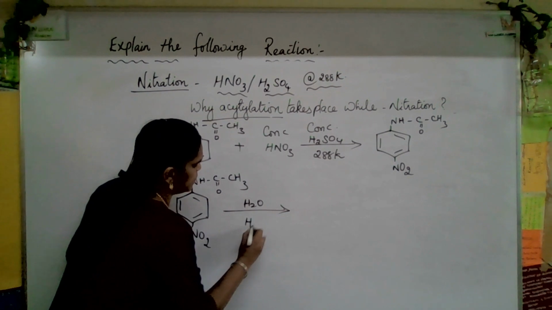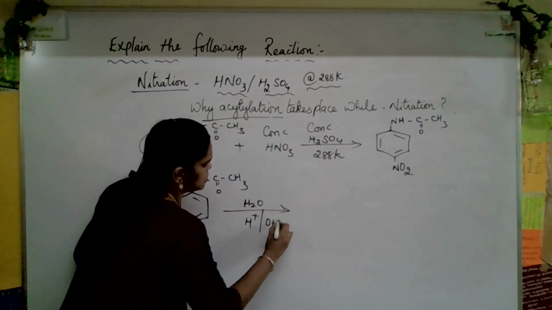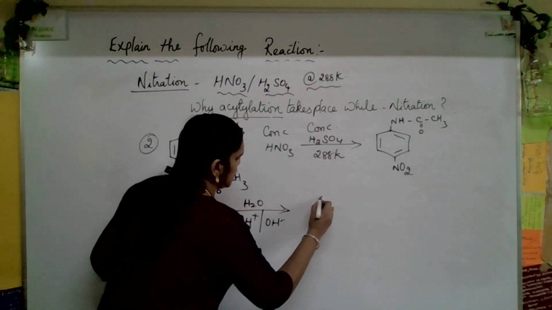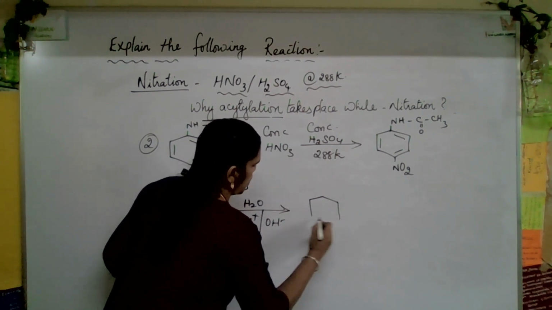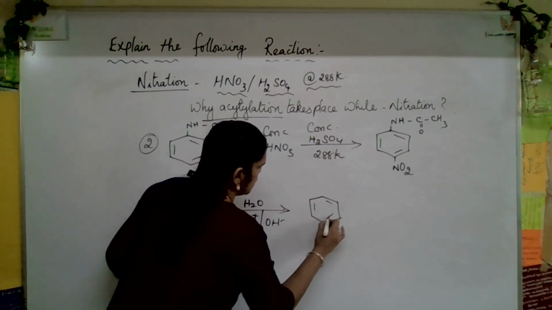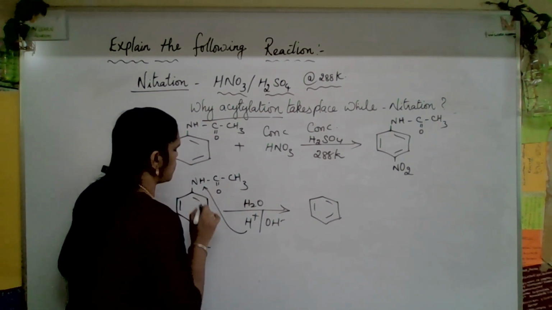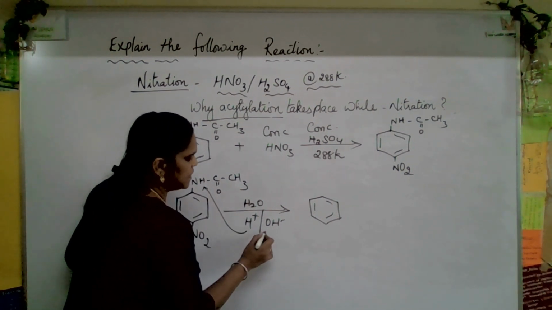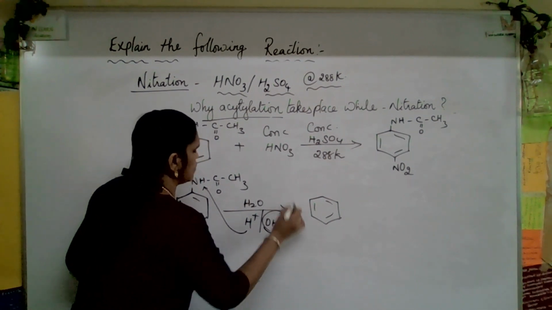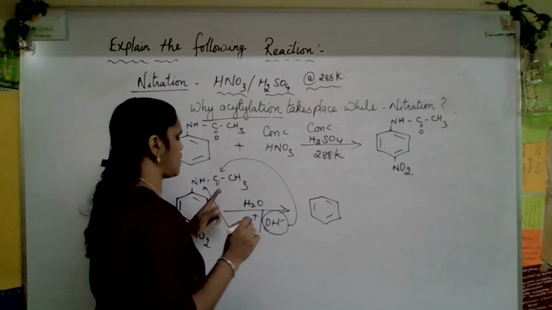So H2O means H plus and OH minus. H plus will go and attach with that hydrogen, and the OH minus ion will go and attach with C double bond O.